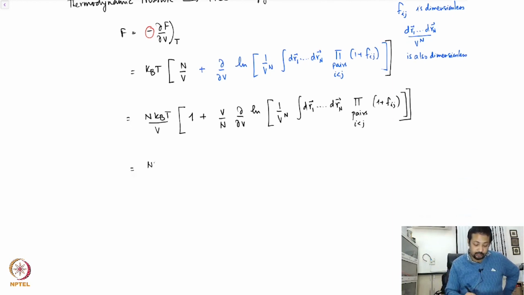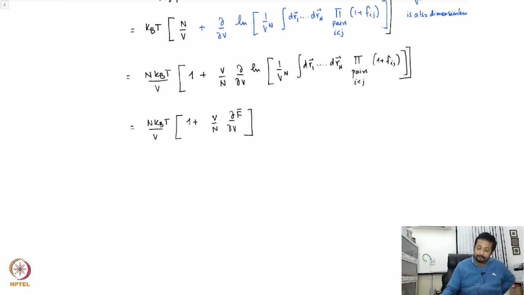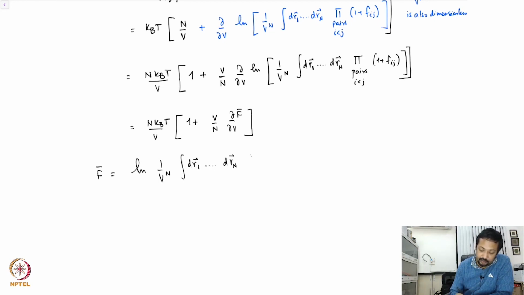To shorten the notation and make our life a little more convenient, we will write this as del del V of some free energy F bar, where F bar is ln of 1 over V to the power n integral dr1 ... drn product over pairs i less than j of 1 plus fij.